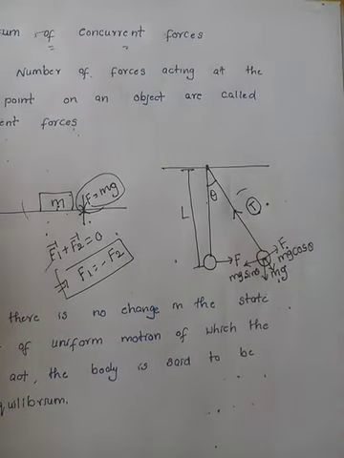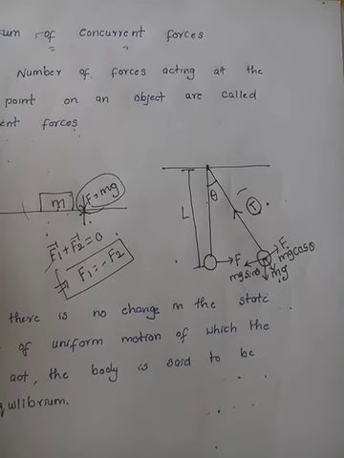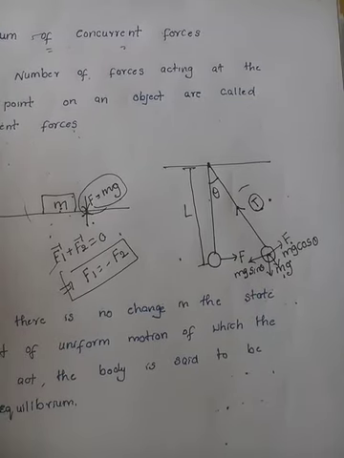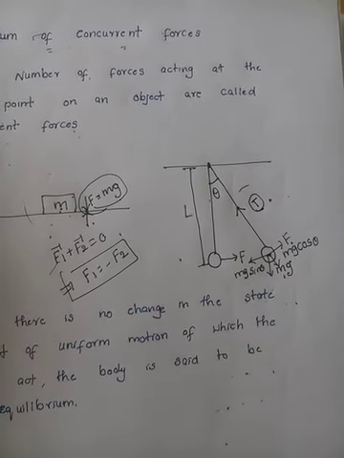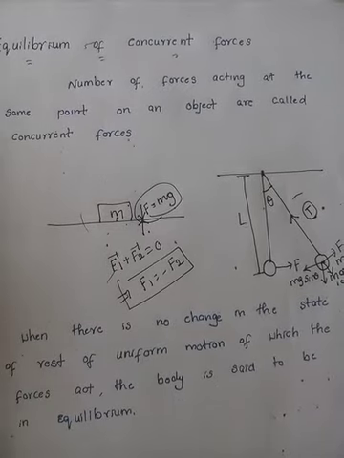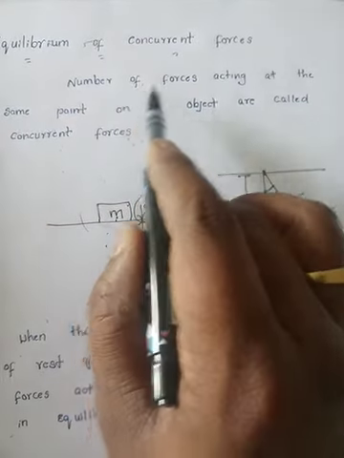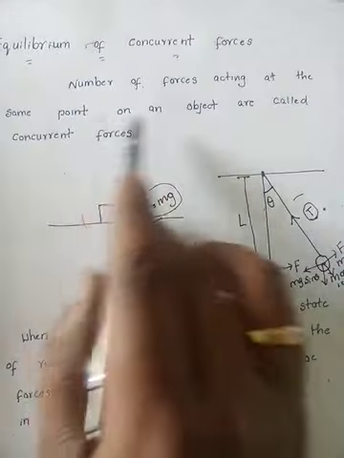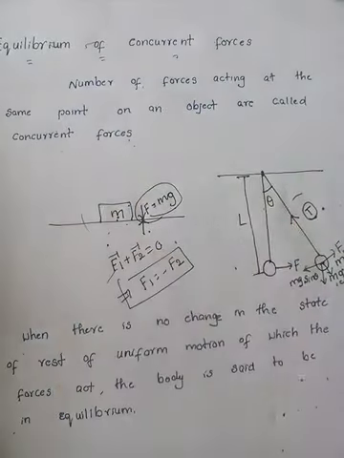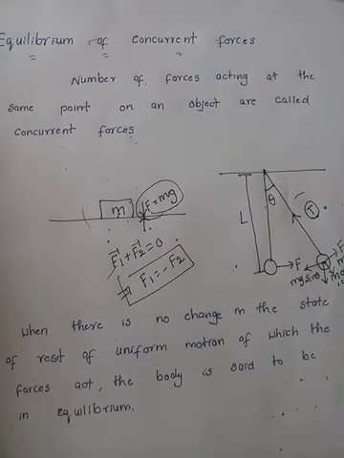So, these three forces are acting on a body, and they are called concurrent forces. Simply, we can define them as the number of forces acting at the same point on an object.